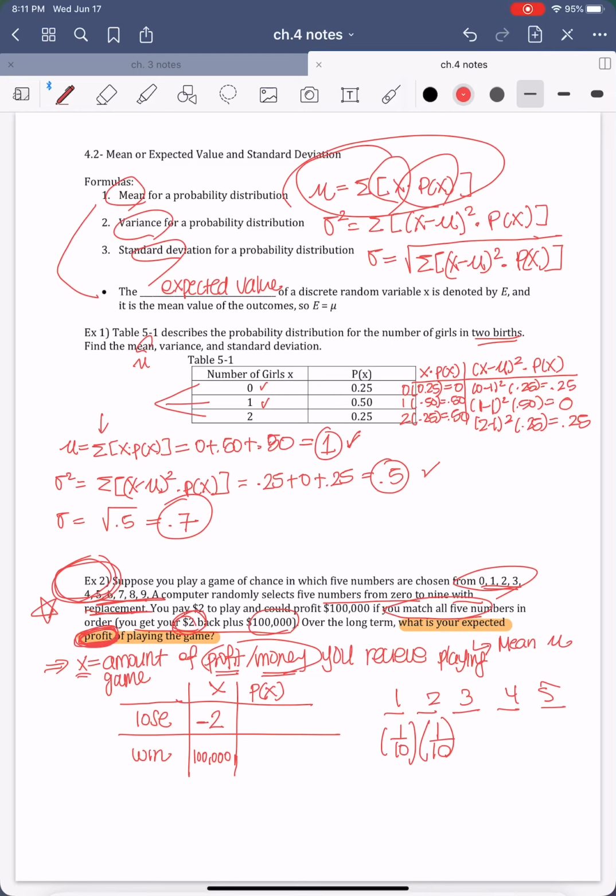What about 3? 1 out of 10 again. So this will be 1 over 10 to the fifth, which is 1 over 100,000, or equal to 0.00001 chance.